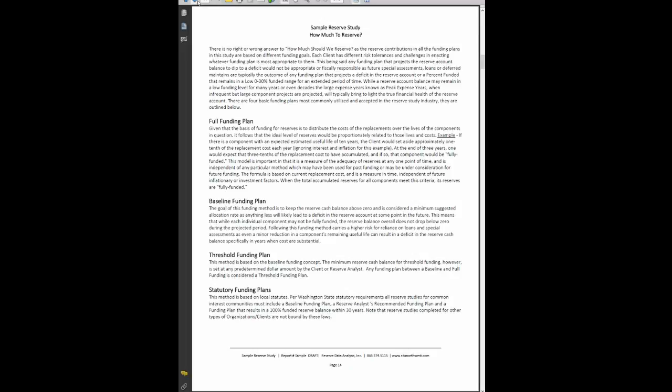And it's really up to them and their risk tolerance on how much they want to fund, and do they want to reach a 100% funded level, or do they always want to just be in a low percent funded range where there's a higher risk for reliance on things like special assessments and loans and whatnot.